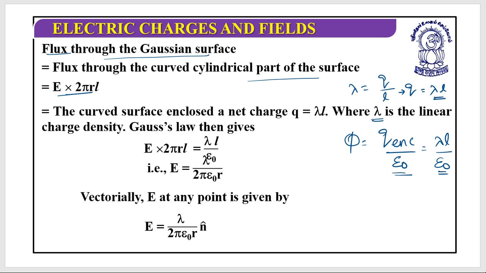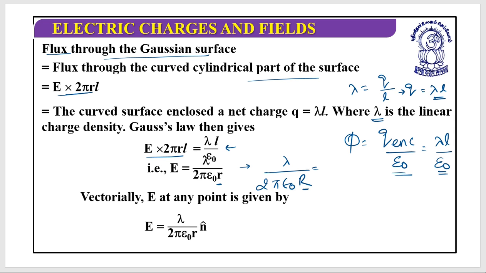If I compare these two, E into 2 pi R is equal to lambda L by epsilon naught. If I solve this, I get E equal to lambda divided by 2 pi epsilon naught R, where R is the distance.